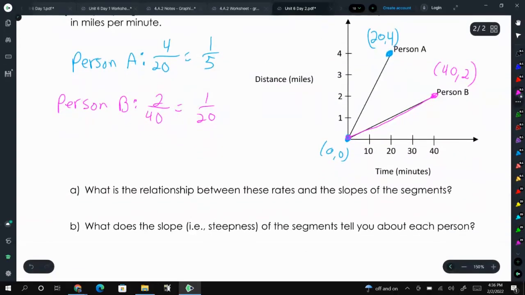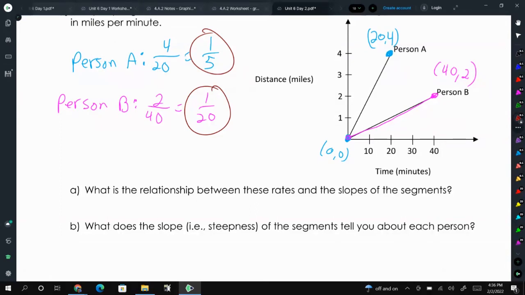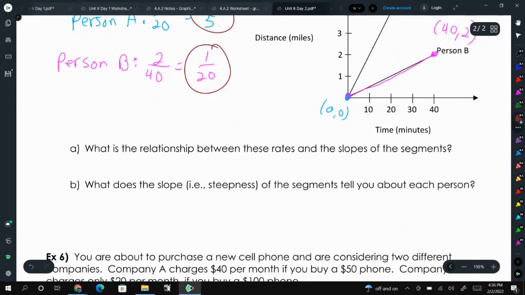So what is the relationship between these rates and the slopes? Well, the smaller the slope, the less steep the line, or the more flat the line. Or you could say the bigger the slope, the steeper the line, because 1/20 is smaller than 1/5. So the bigger the slope, the steeper the line.